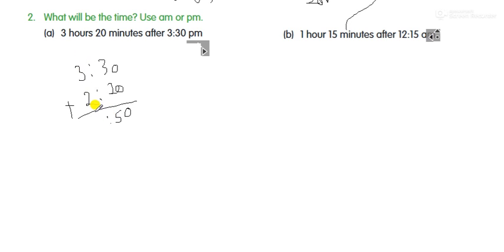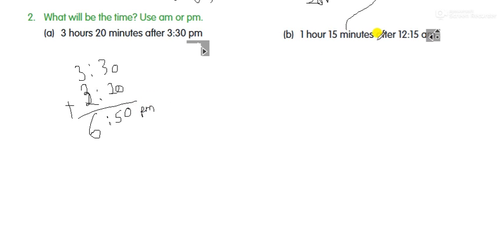Now 3 plus 3 is 6. So 6 hours 50 minutes. So the time is 6:50, it's a PM.